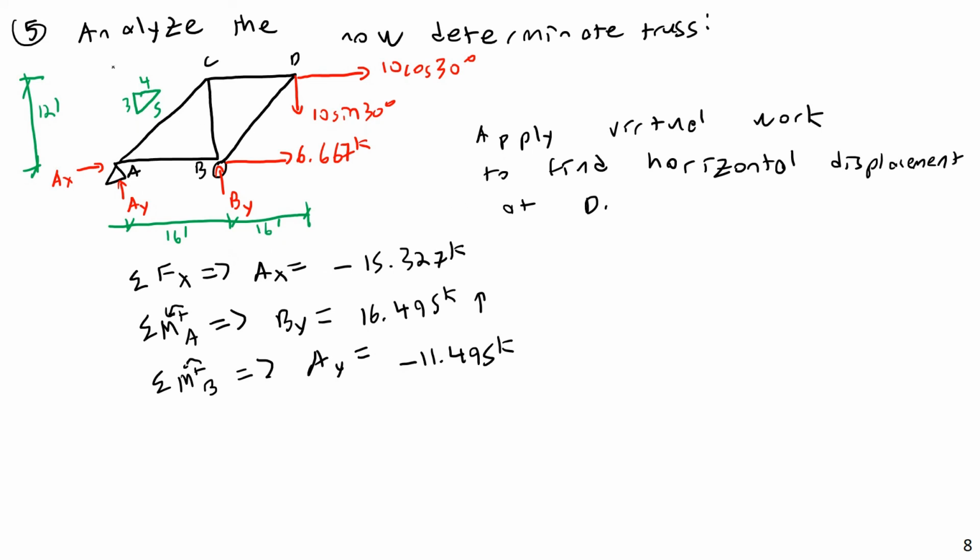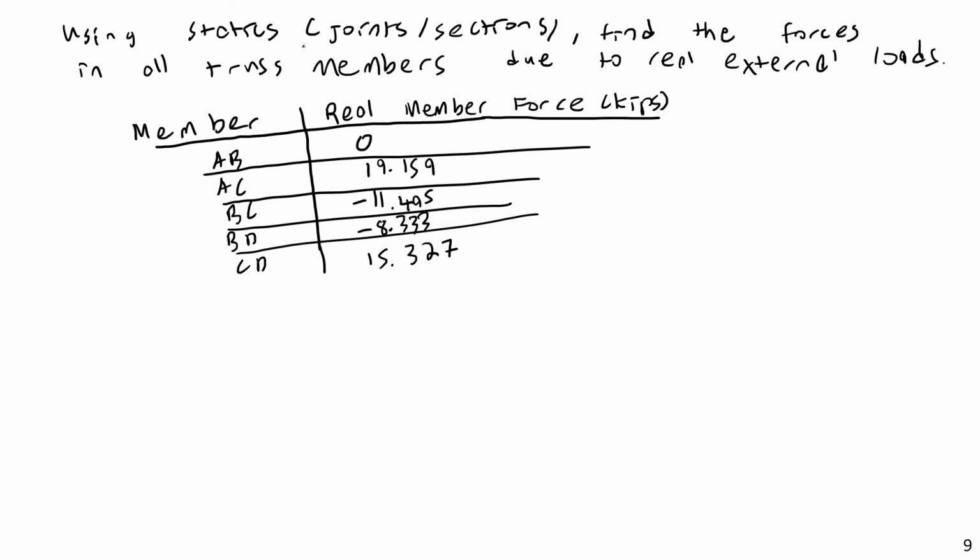And maybe I could even put some labels on these here. This would be maybe 5A, get real internal forces, or real forces. And then 5B is going to be to get the virtual member forces, or virtual internal forces.